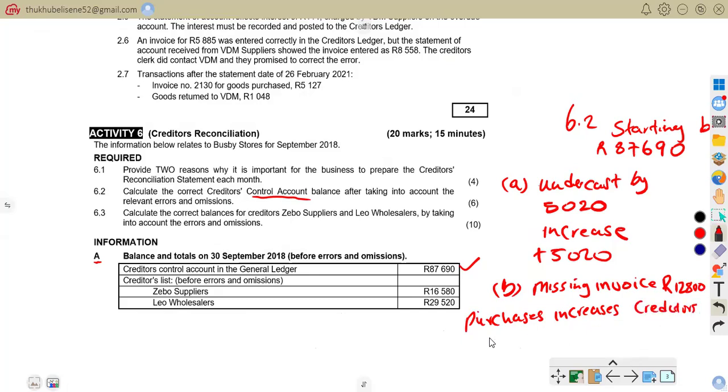Purchases increase creditors. Once it talks about the invoice, it means we bought goods from suppliers on credit, and this invoice was missing. So we have to adjust that by making sure that the purchases show the increase of our creditors. Of how much, good people? Of 12,800. Hope we are still together.